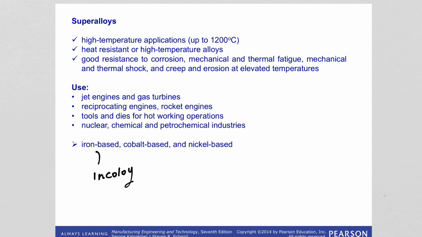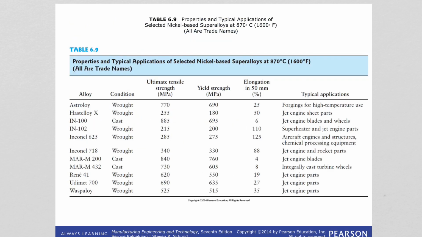These are not as strong as nickel-based superalloys, but they retain their strength at higher temperatures. And there are nickel-based superalloys, also mainly nickel. These are the most common superalloys, and they have a variety of compositions and different names, such as Inconel. Of course, there are a lot of other names. I'm just giving you common ones.